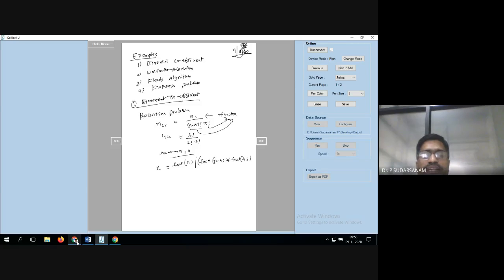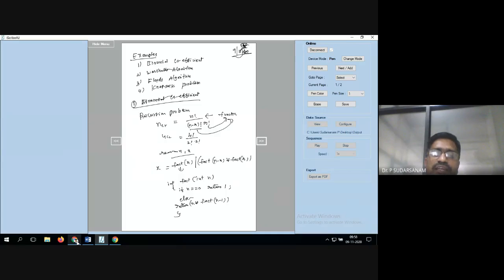For this you write the function int fact(int n): if n equal to 0, return 1, else return n into fact of n minus 1.